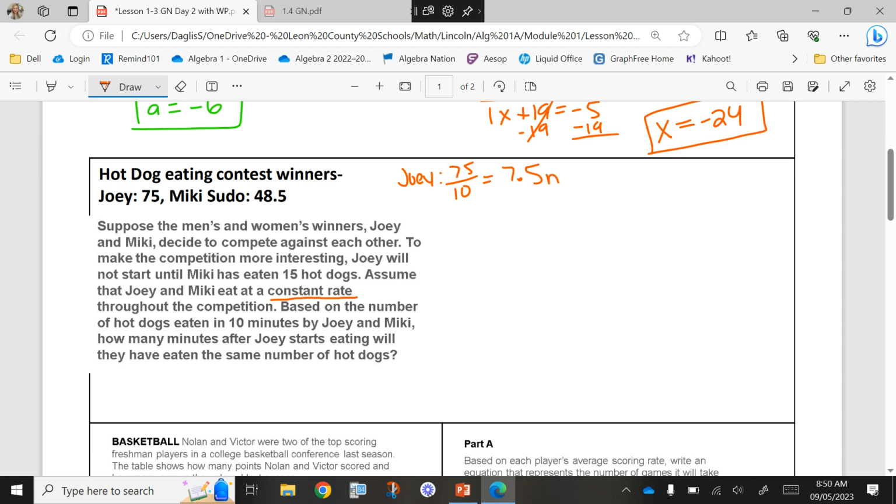So I'm going to say 7.5 m, 7.5 hot dogs per minute. And then we have Mikey, 48.5 hot dogs in 10 minutes. So her average is 4.85 hot dogs each minute.